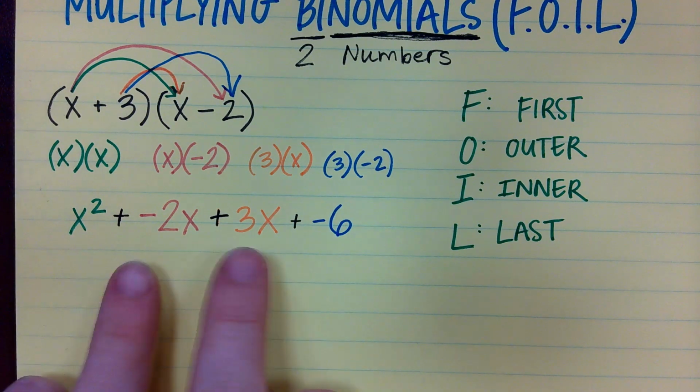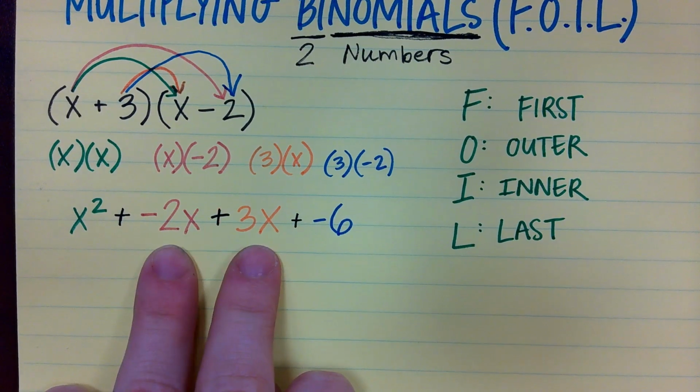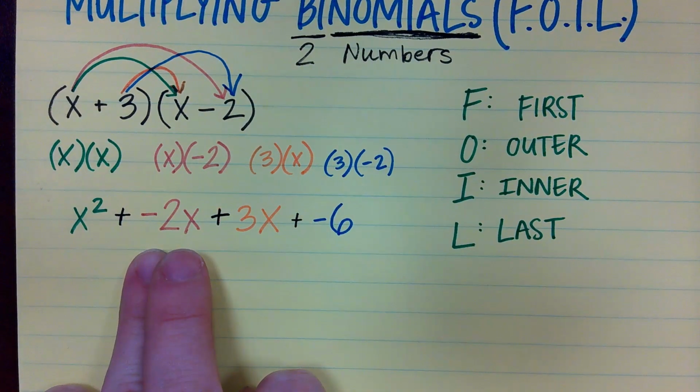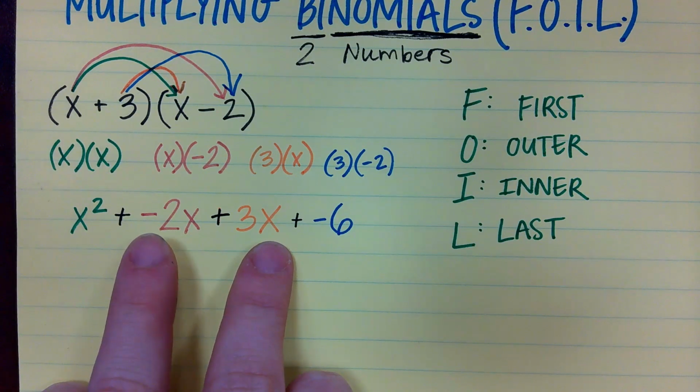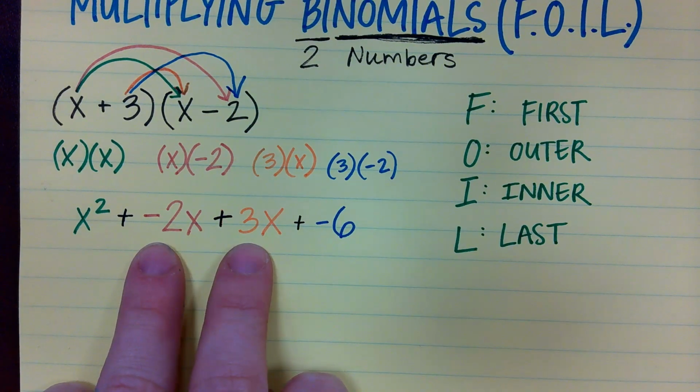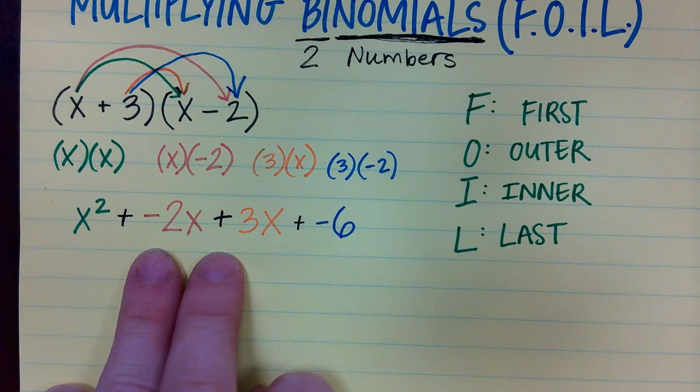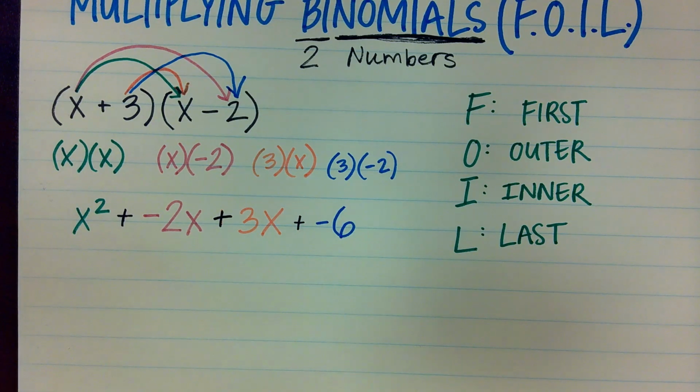Yes, we have like terms in the middle here. I've got -2x plus 3x. So if I did -2 times 3, I would get -6. Oh, but you said plus, so they. Yeah. So it's a positive. We're adding here. So if I start with -2, let me make a number line. -2 plus 3.